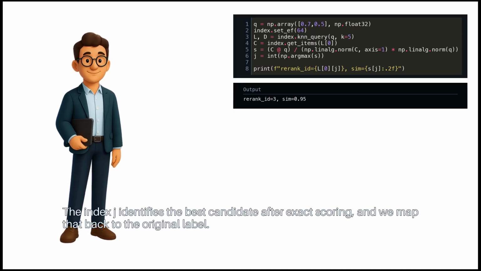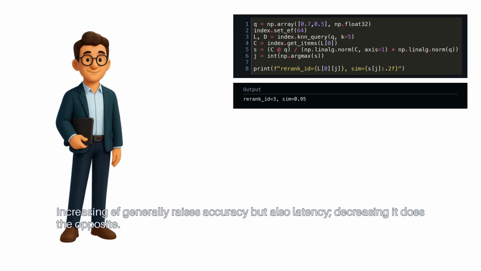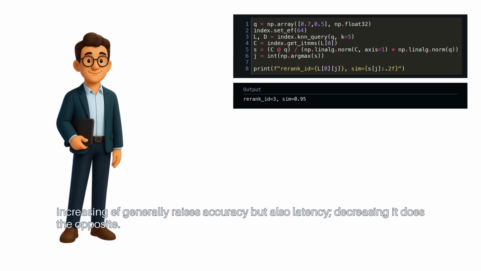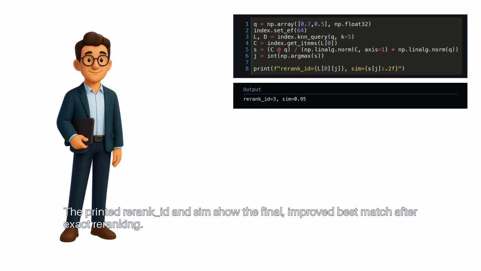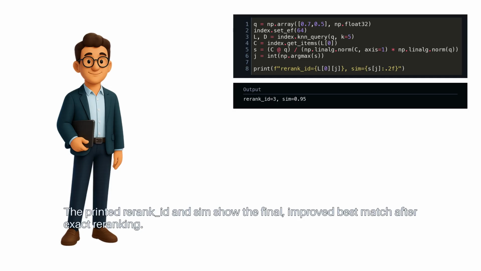The index j identifies the best candidate after exact scoring, and we map that back to the original label. Increasing ef generally raises accuracy, but also latency. Decreasing it does the opposite. The printed re-rank ID and sim show the final, improved best match after exact re-ranking.